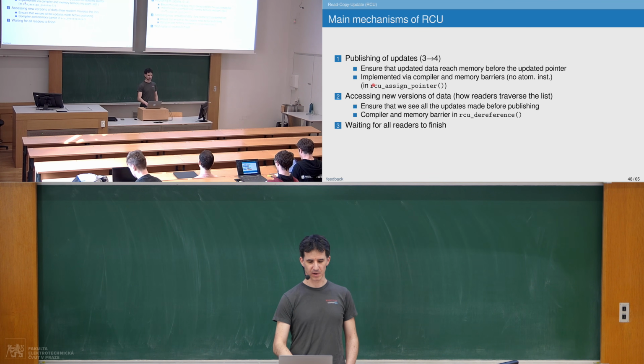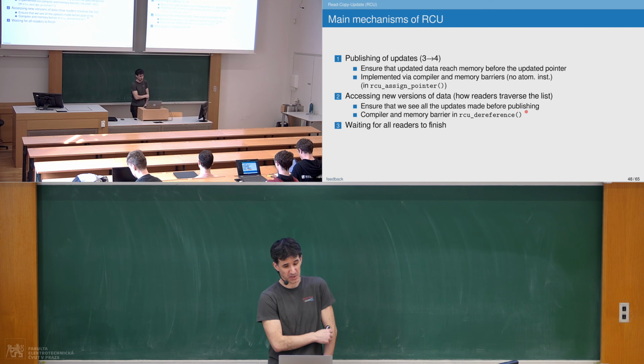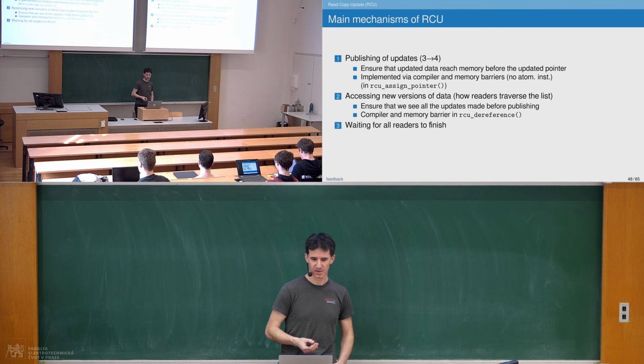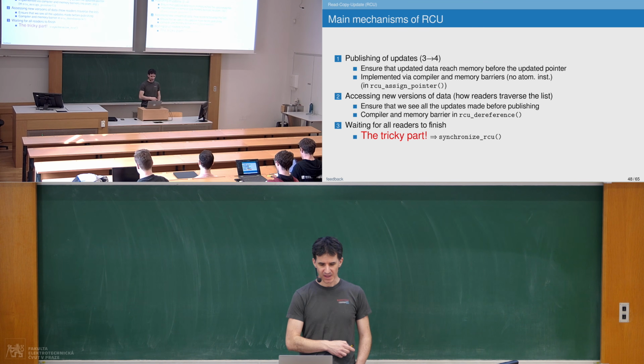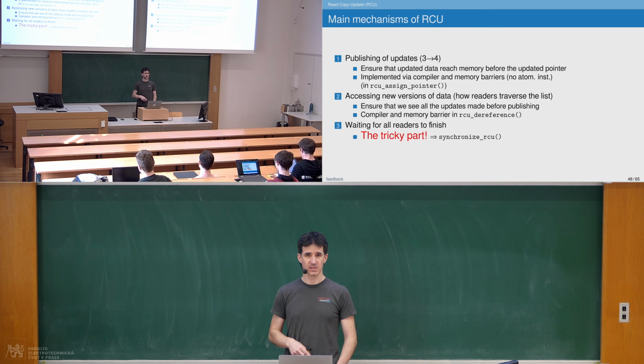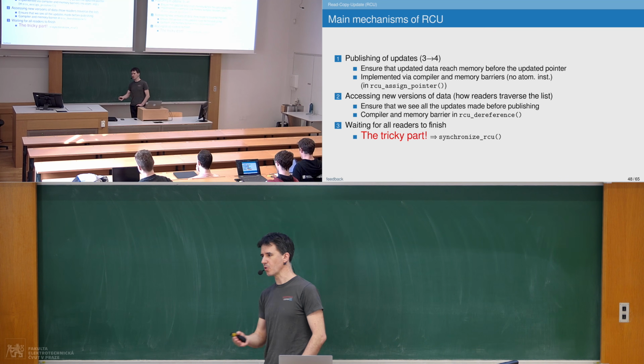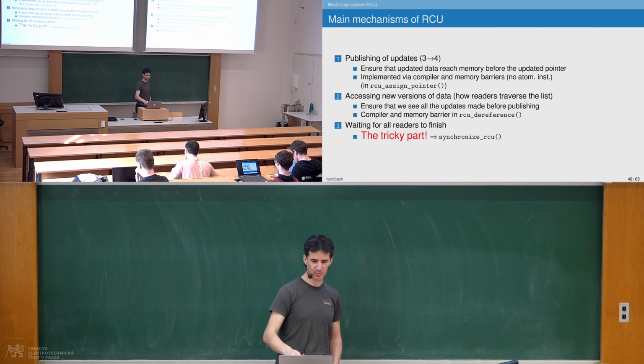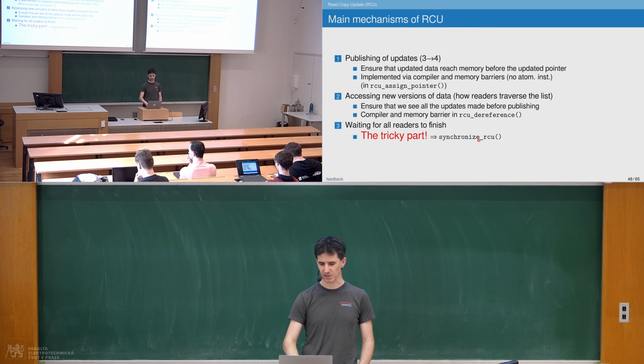There are special operations like assign pointer and dereference pointer. Those are pretty easy. Typically those are just implemented with some barrier or even without a barrier. And the tricky part is this synchronization, waiting for all the readers to finish, which is typically implemented with a function called synchronize RCU.